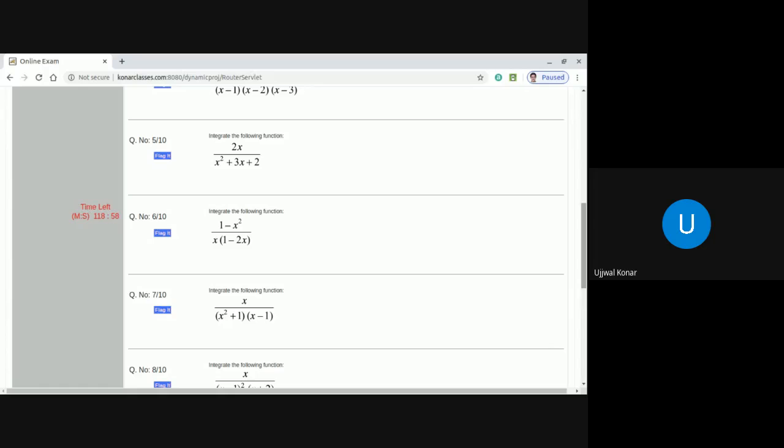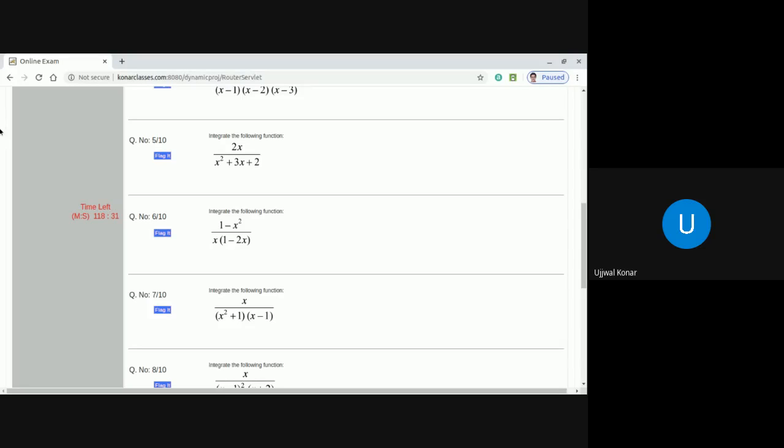I can discuss this one, but before that, let me understand. Shall I do this first? Are all of you able to do this particular question? Okay, I couldn't do it. This question number 6, you are talking about, Goodman? Yes, sir. Okay, so this is 1 minus x square by x into 1 minus 2x.